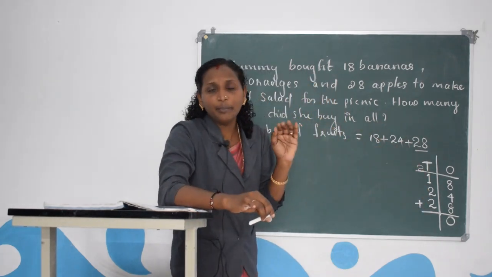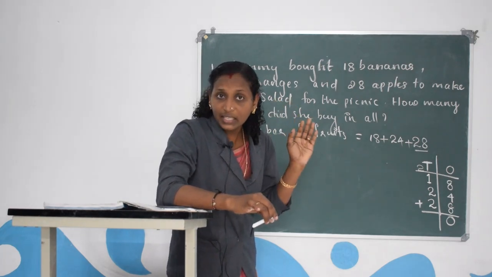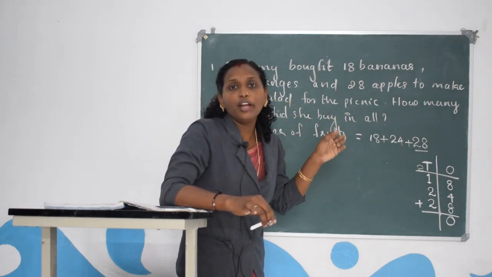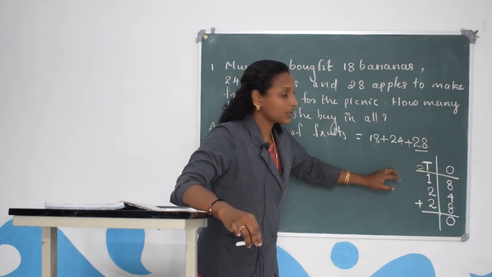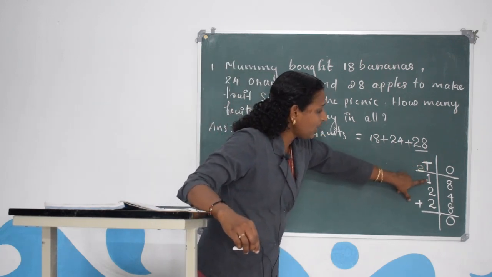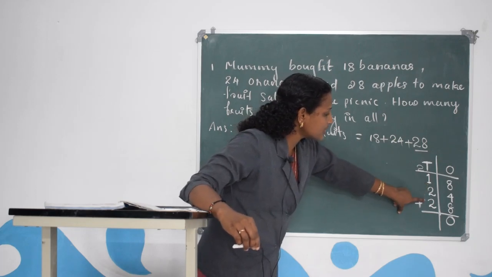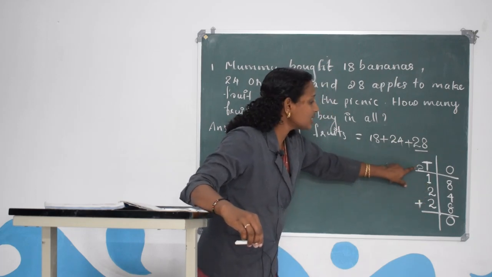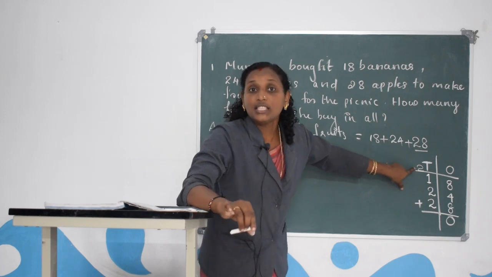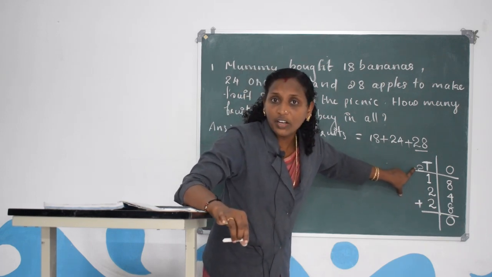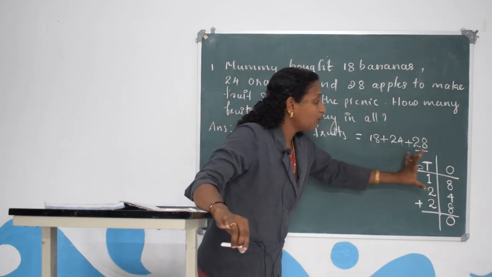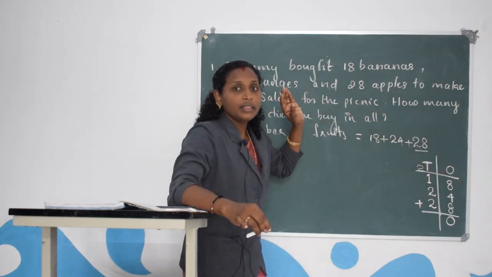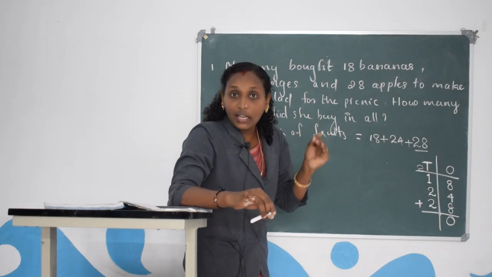A very important matter: you must add the carried over number also. Then 1 plus 2 plus 2 plus 2. This 2 is the carried over. First we add the ones, then we add the tens.